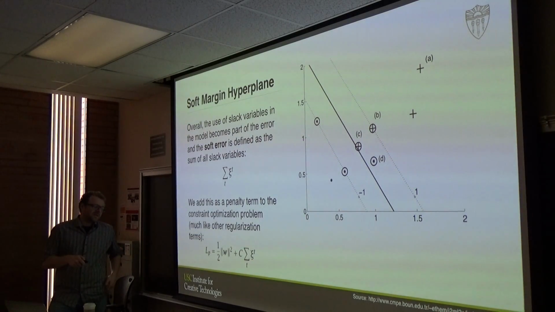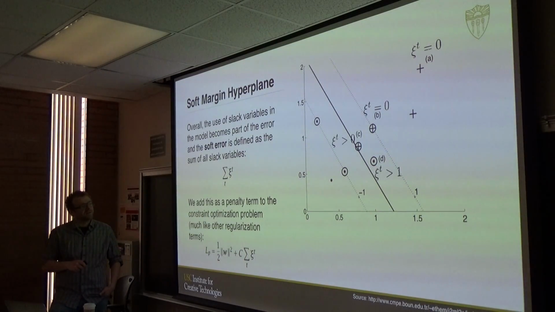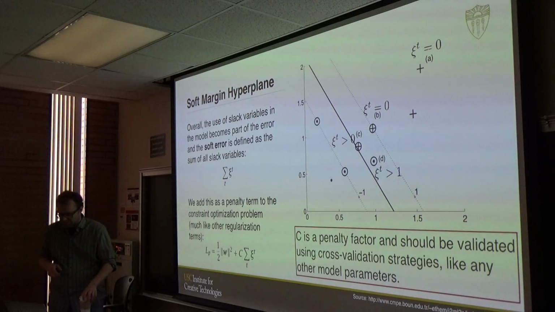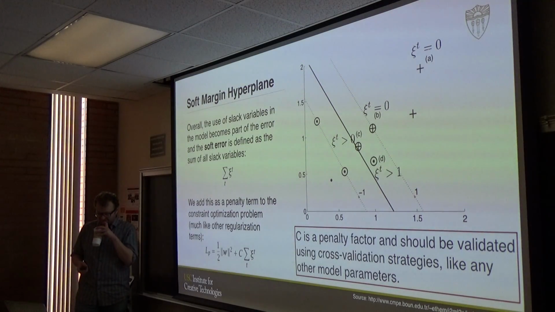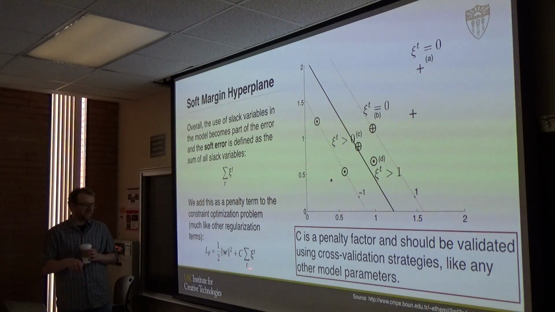This softens up the optimization, and you're allowed to tune the amount of slack. And so C is a penalty factor and should be validated using cross-validation strategies, like any other model parameter that we talked about before. So this is kind of a regularization term here.